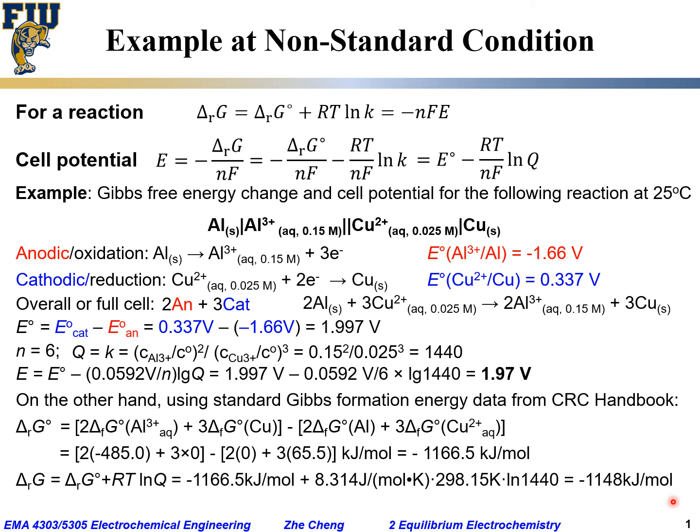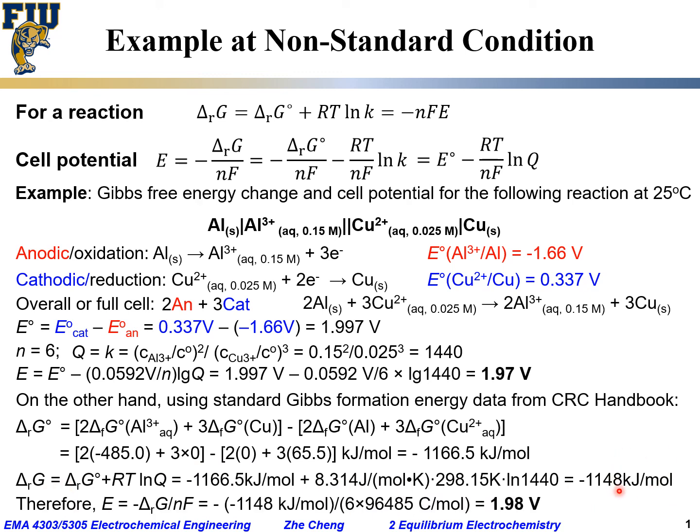Okay, anyway, with this ΔrG, the reaction free energy change value, we can calculate the cell potential. But remember, it doesn't equal E0 because the concentrations for the calculation are not standard concentrations. So E would just be ΔrG over nF.